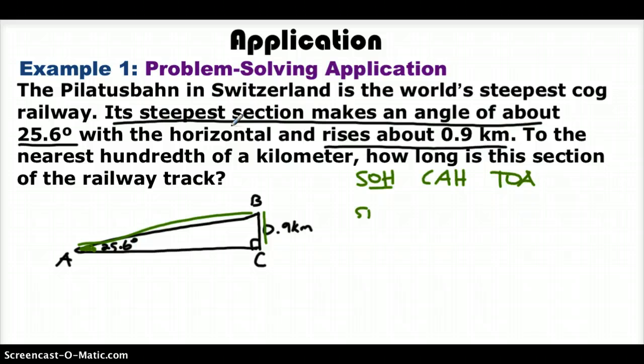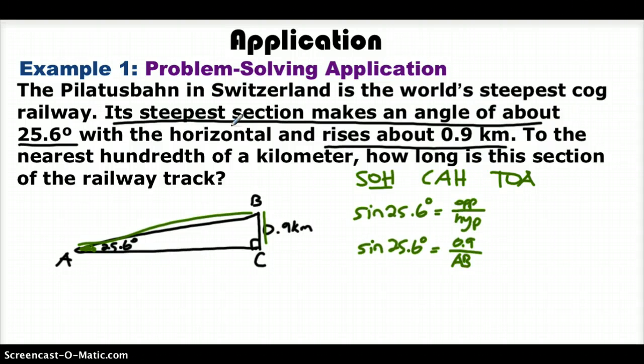I'm going to say the sine of 25.6 degrees equals opposite over hypotenuse, which then we could say the sine of 25.6 degrees equals 0.9 over AB, which we don't know yet.